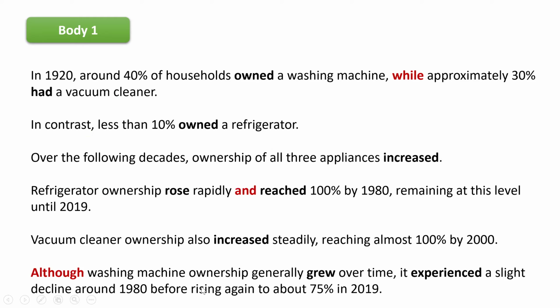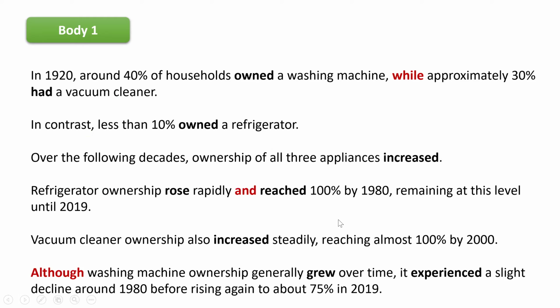Jadi meskipun kepemilikan mesin cuci tumbuh secara signifikan, mesin cuci itu juga mengalami a slight decline, penurunan sedikit di tahun 1980 sebelum naik kembali ke 75% di tahun 2019. Nah, ini untuk body one, focus on the ownership, the level of ownership.